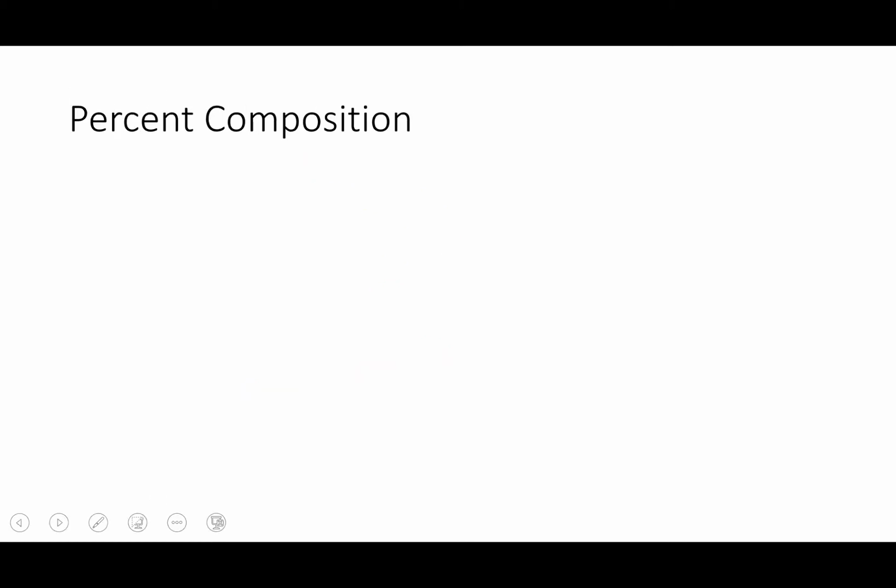So before we get going with Mole Island and actually doing mole conversions, I do want to quickly review with you percent composition in case you are not in class. Percent composition is just a way for us to know what the compound is composed of in a percentage form.